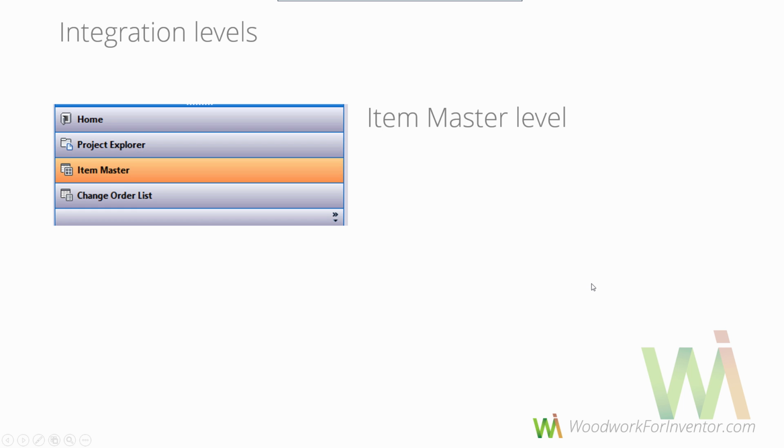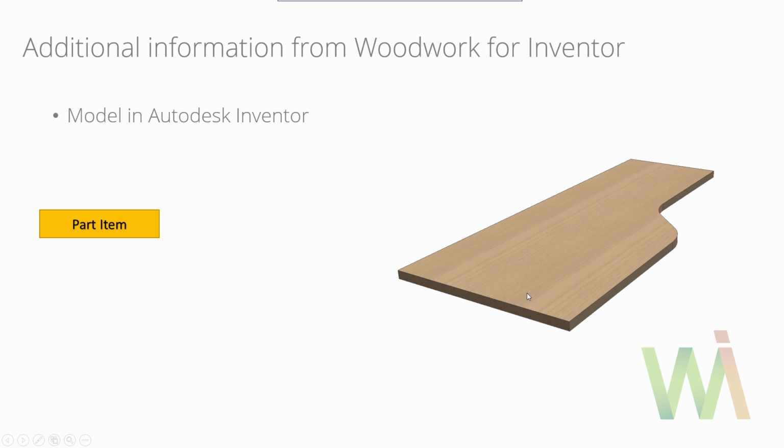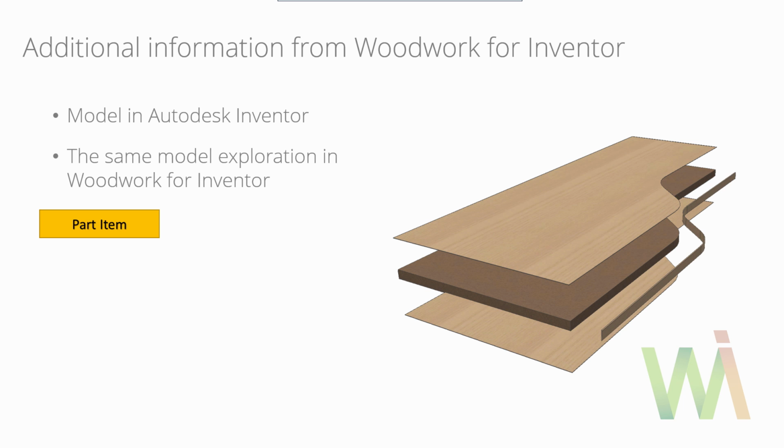So let's move to the item master integration level and see what we can do at this step. First of all, as you remember, I explained that pure Inventor without the add-on interprets each part as a single item, but it's not enough for woodworkers, because we have covers, we have the workpiece, we have the edge banding, etc., and all this data should also be shown in Vault.